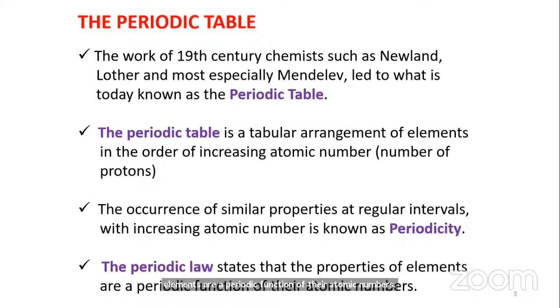And this draws from the initial statement I made that similar properties occur at regular intervals based on the atomic number. So when you look at the atomic number, you can use that to predict the properties. Please remember that in this case, we are looking at the atoms, the elements themselves, and not the ions.